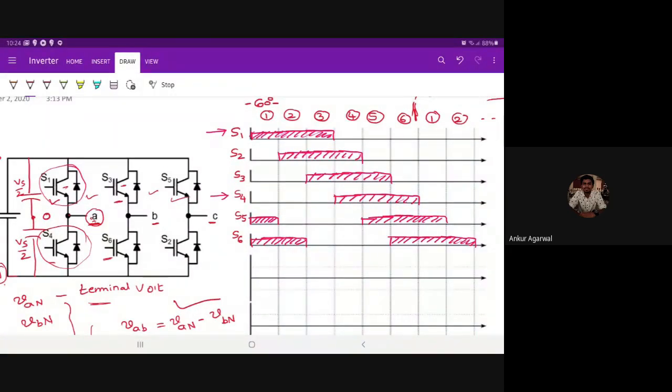Now in the first mode or first sector, how many devices are conducting? In each case 3 devices are conducting. S1 is conducting, S5 is conducting, and S6 is conducting, so devices 1, 5, 6 are in conduction.